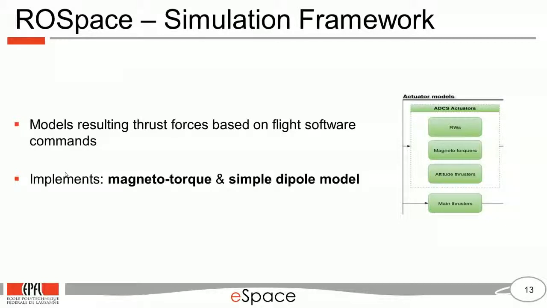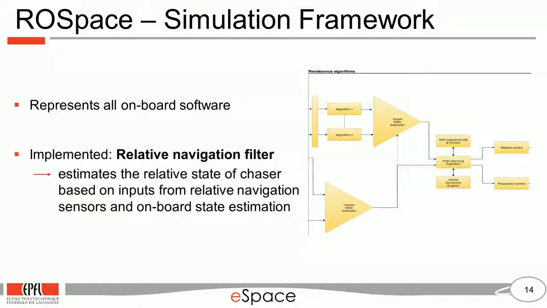Just a quick jump in the future, some of the elements we already developed as I speak. And then, of course, we have, as I said, all the different software parts, the parts that will actually be transferred at some point into the actual satellite.